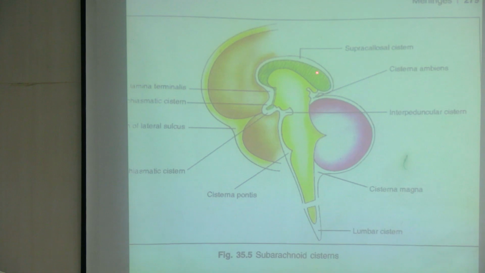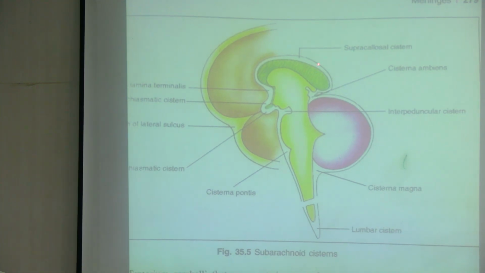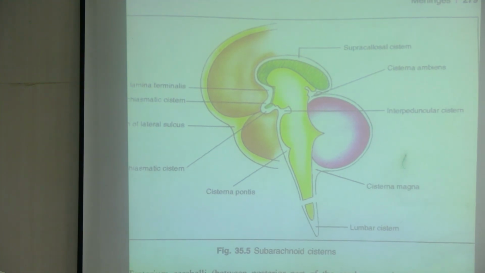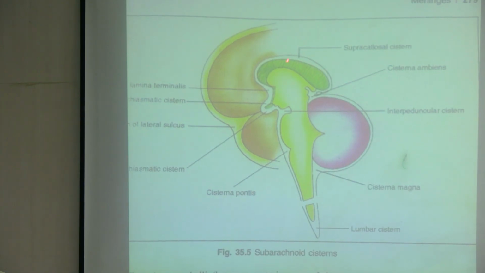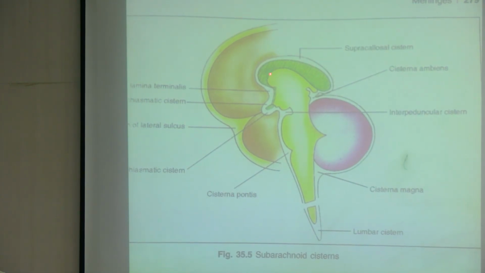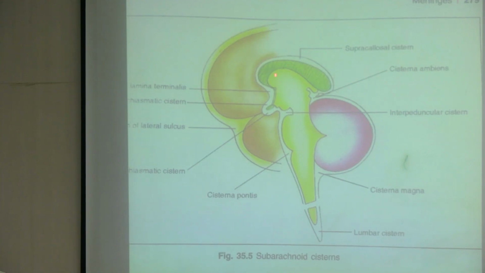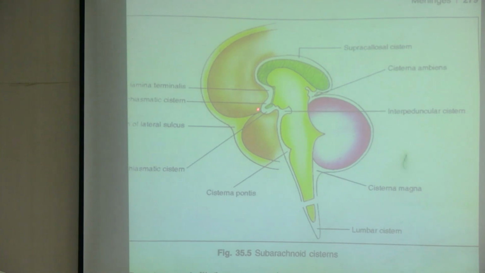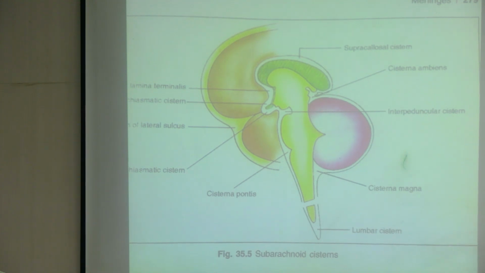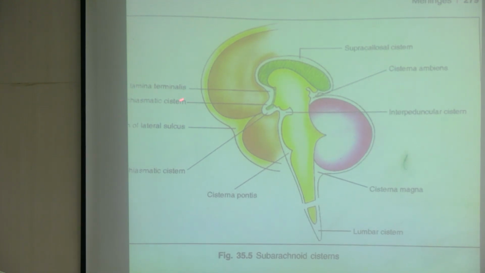Above the corpus callosum is the supracallosal cistern. From the corpus callosum, one thin lamina terminalis extends up to the optic chiasma. So this cistern is known as cisterna lamina terminalis.